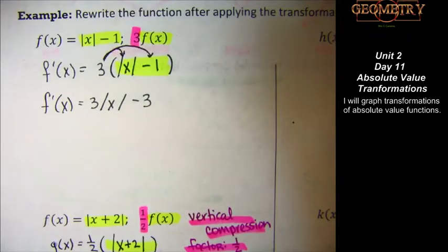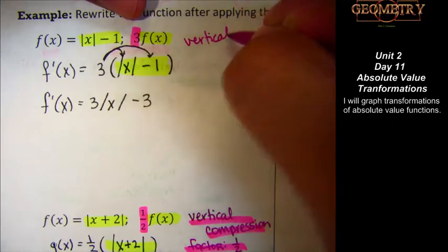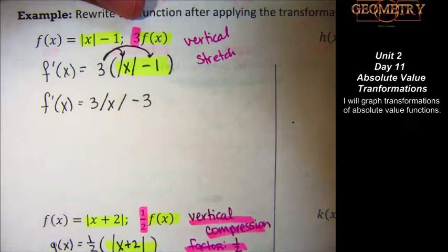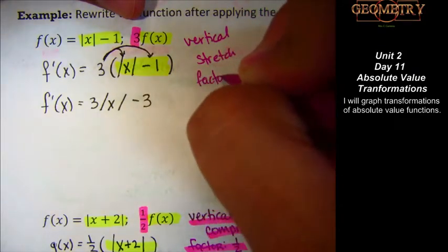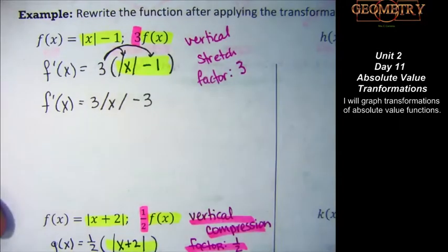All right, going to pick up what Ernest had said earlier. He said that with this we had some sort of vertical stretch, because he noticed that value was bigger than 1. And what is the stretch factor? 3. Good. All right, so let's go ahead and write our sentence. I'm basically going to copy the one from below, and I'm just going to change the information.